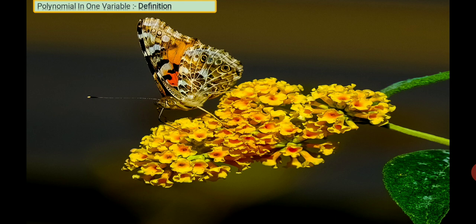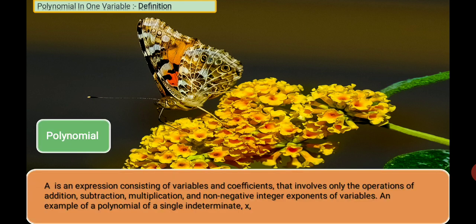The definition of a polynomial: an expression consisting of variables and coefficients that involves only the operations of addition, subtraction, multiplication and non-negative integer exponents of variables. This is the main definition. And there is a condition that the power of the variable must be a whole number.